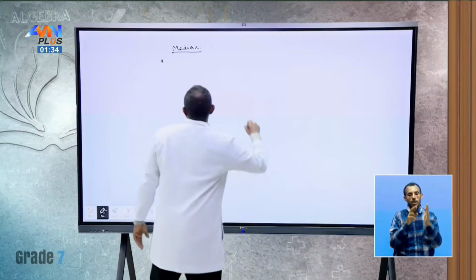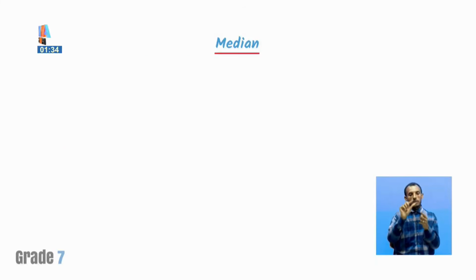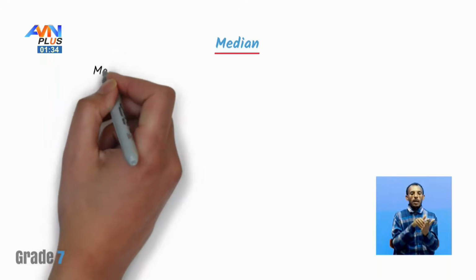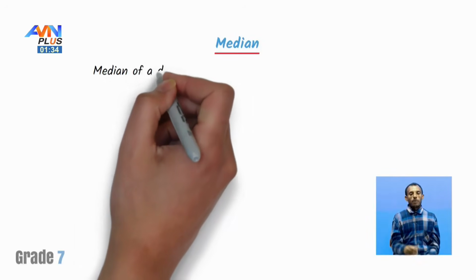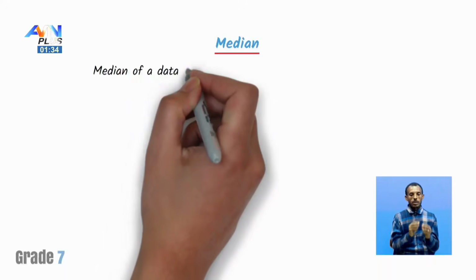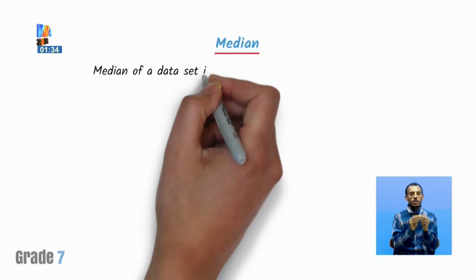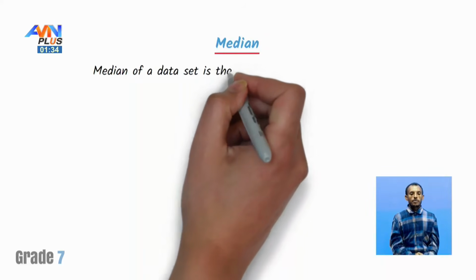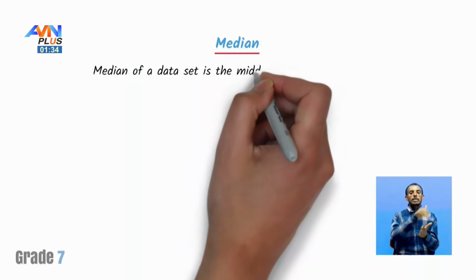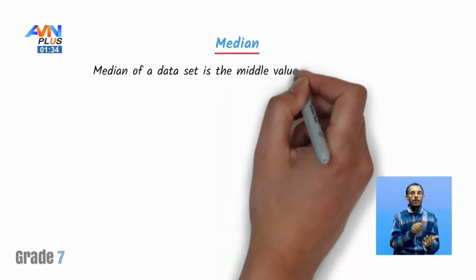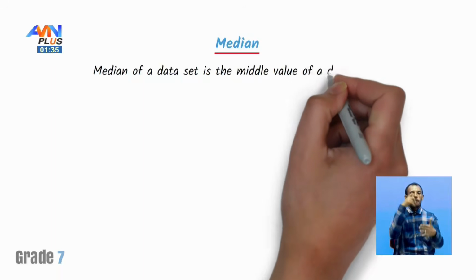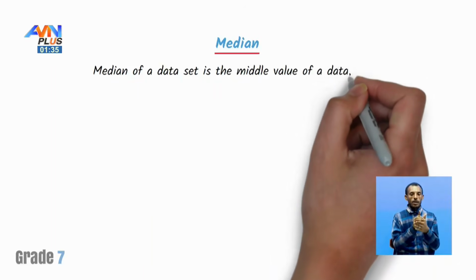Therefore, the median of a data set is the middle value of the data.